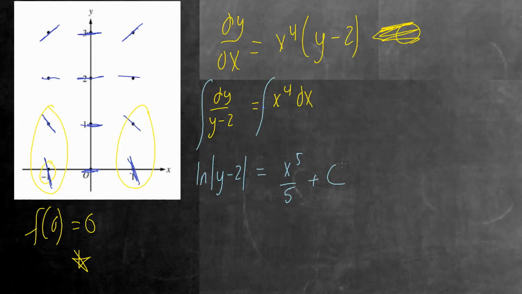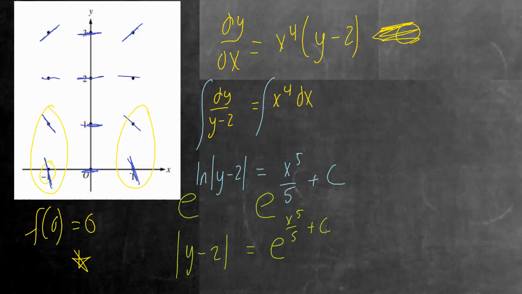Now, we want to try to get this pretty simplified before we look for our initial condition. So our move is take both sides with that e power. E to the natural log, the y minus 2 gets to come down, equals e to the x to the fifth over 5 plus c up here.